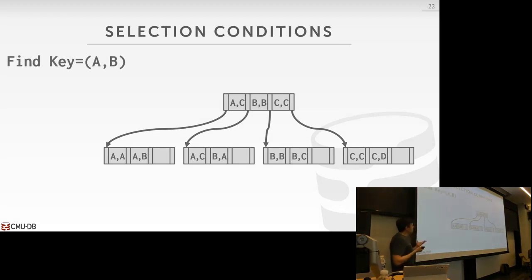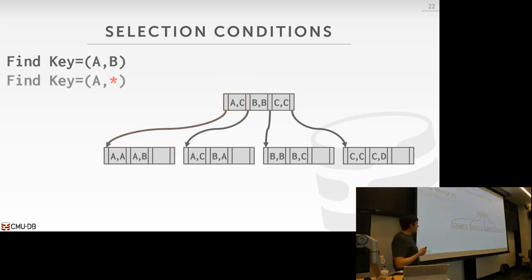If I'm trying to do a lookup to find key AB, in that case I have both attributes that I've defined in my key. So now I can just do a straight comparison: look at the first key, then look at the second key, and determine whether I want to go left or right. In this case, A is less than or equal to A and B is less than or equal to C. So I know to find the key I'm looking for, I go down this path, do whatever search I want to do in my node, and then I can find the entry that I want.